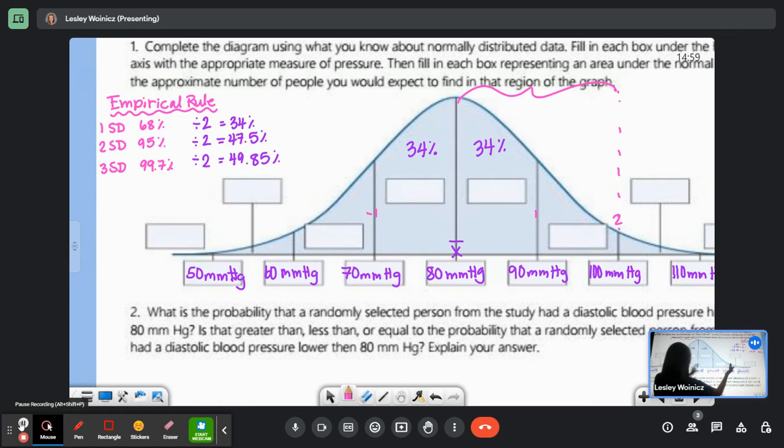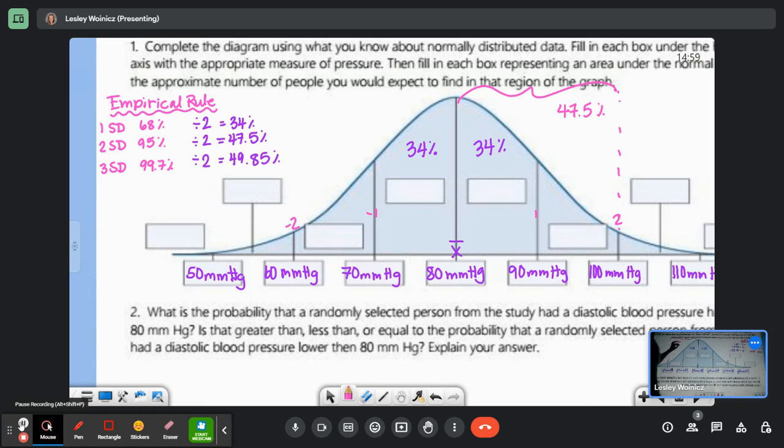Here's 2 and -2. So plus or minus 2 standard deviations, we said that was 95% of our data. And if we're just looking at this side, isn't this 47.5? Everybody see what I'm talking about? Okay, so this is 47.5%. And if I want to find this part of that, don't I just subtract away that 34?